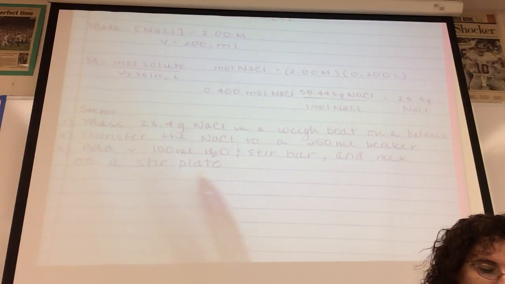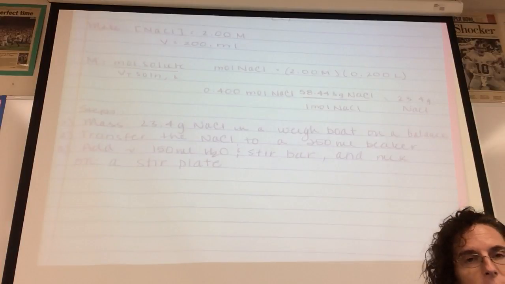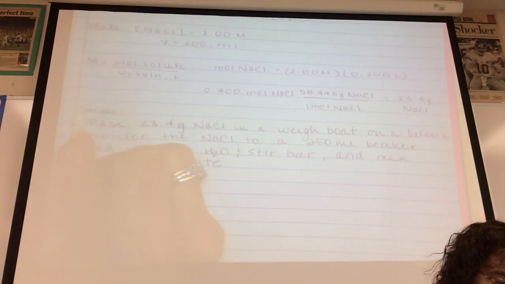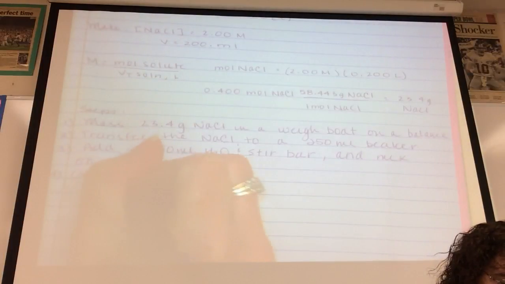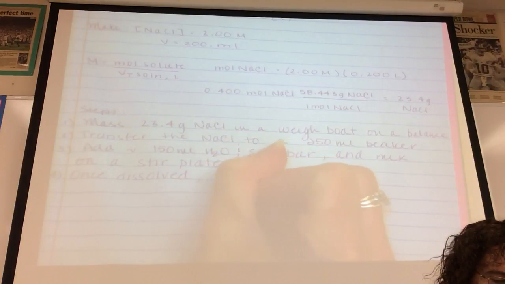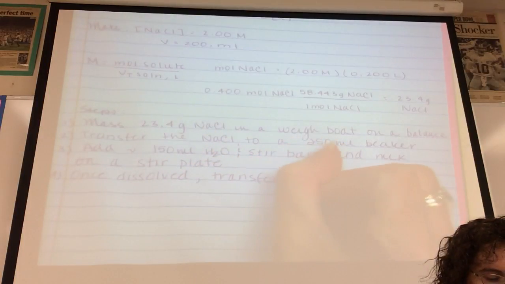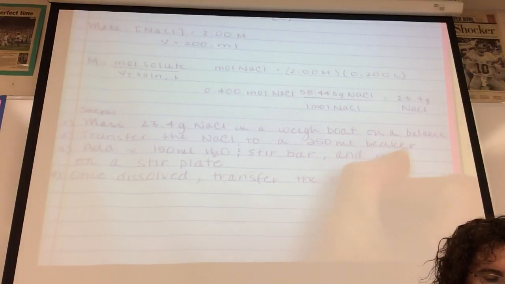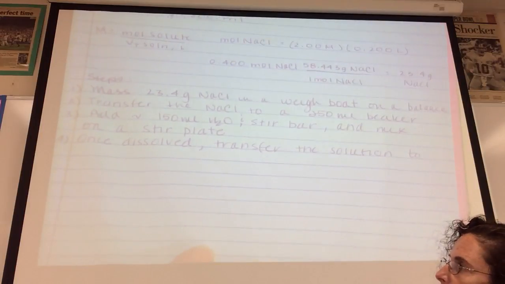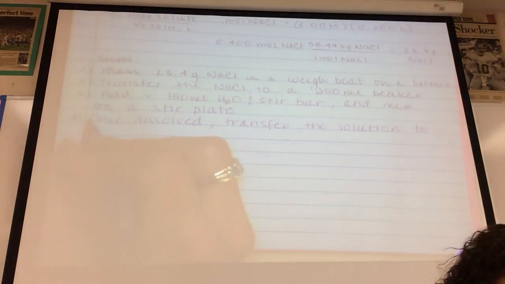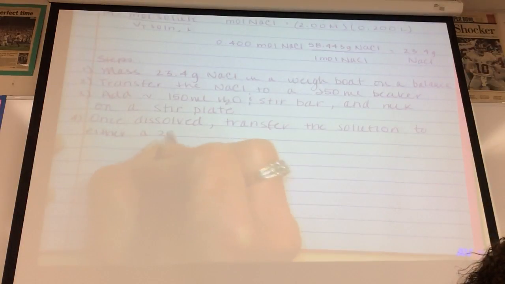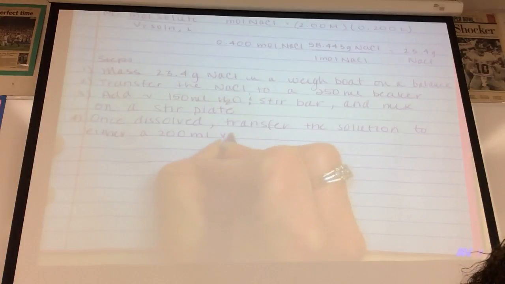All right, so you add it and mix on a stir plate until everything goes into solution. So once dissolved, transfer the solution to either a 200 mL volumetric flask.